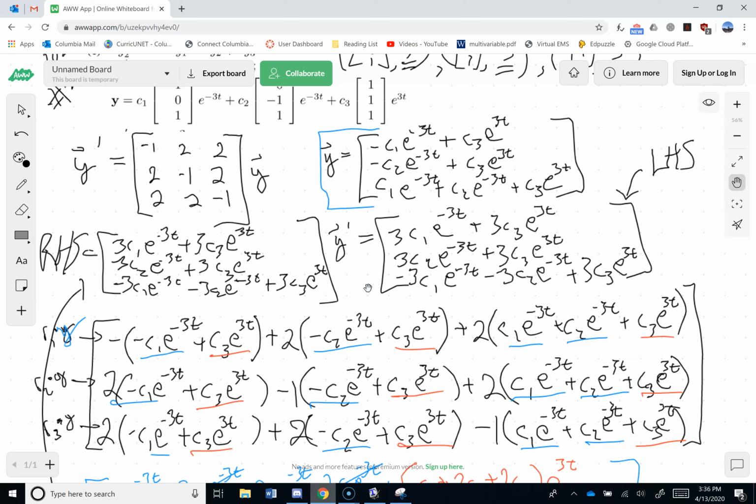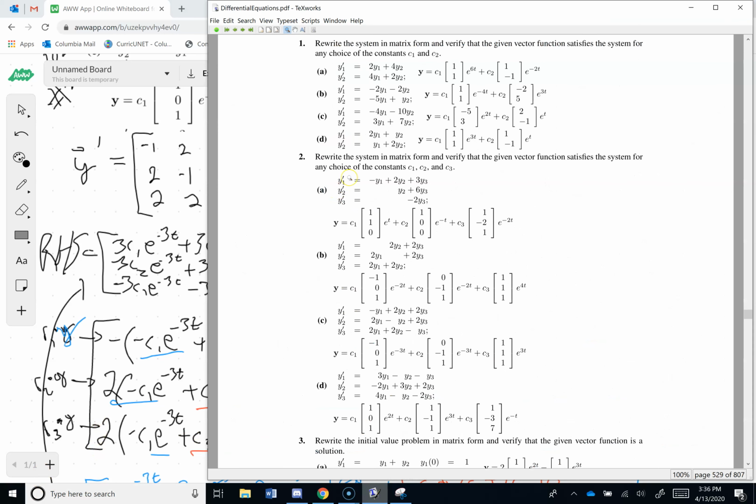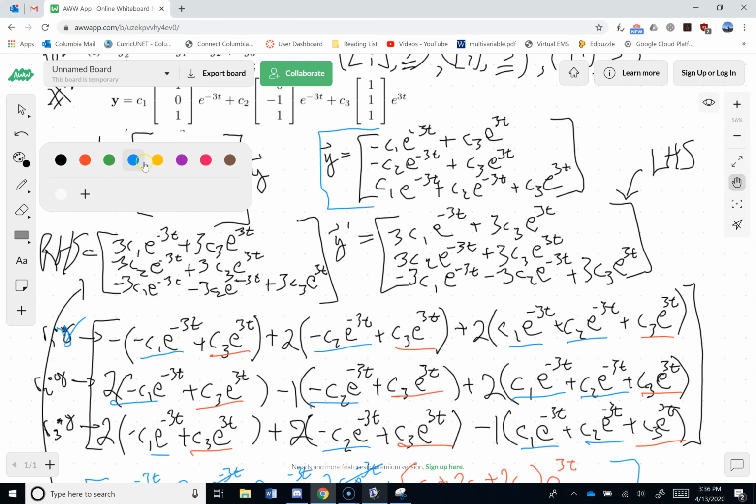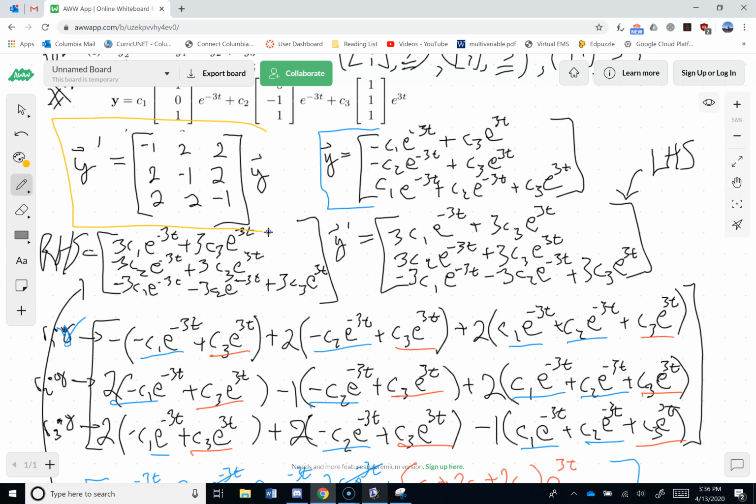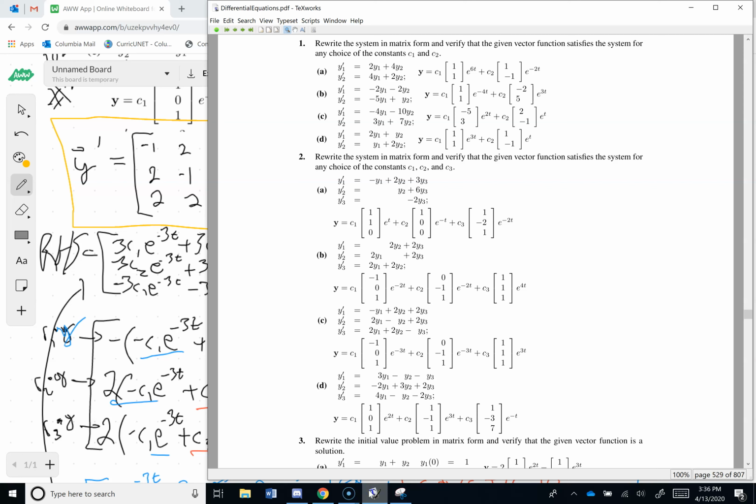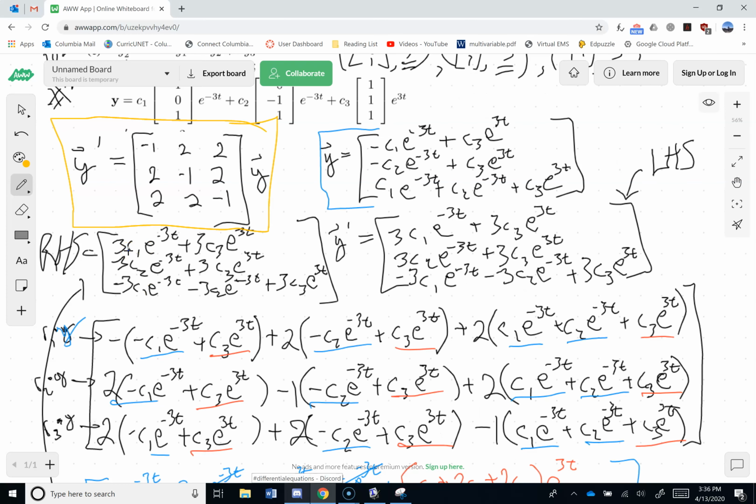Questions, things? Let me go look in the directions. So directions say rewrite the system in matrix form. Okay, I did that. That was kind of this part. Verify that the given vector function satisfies the system for any choice of constants C1, C2, and C3. In fact, this works with the constants in it.